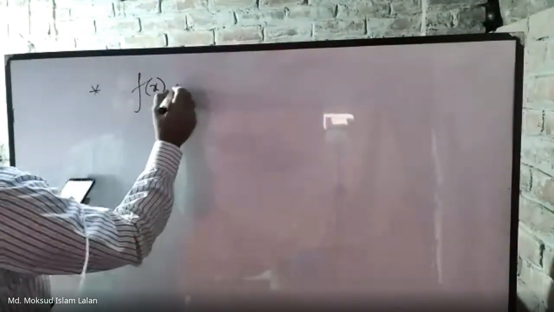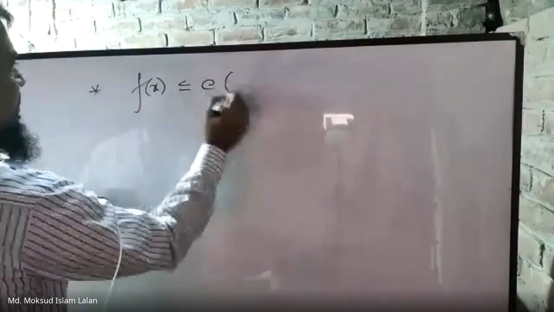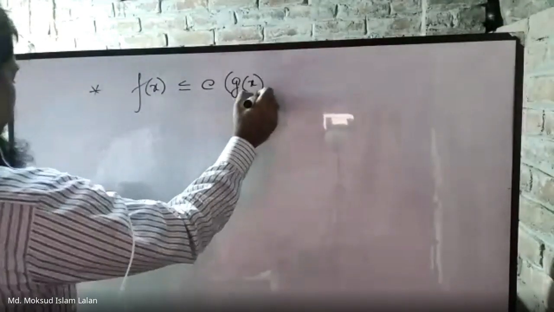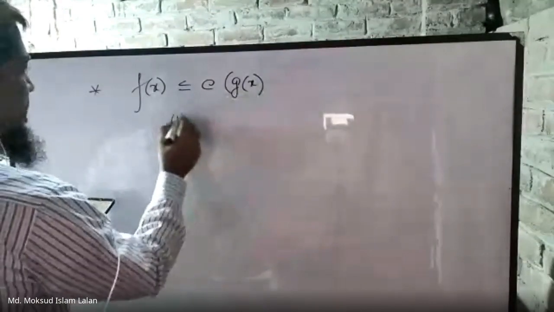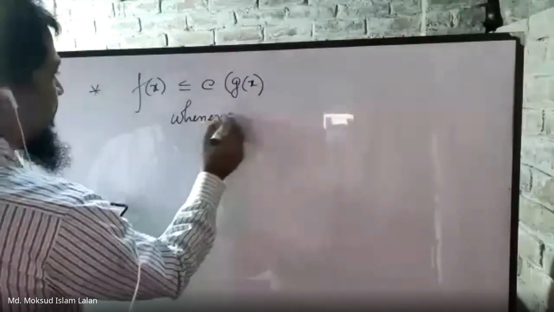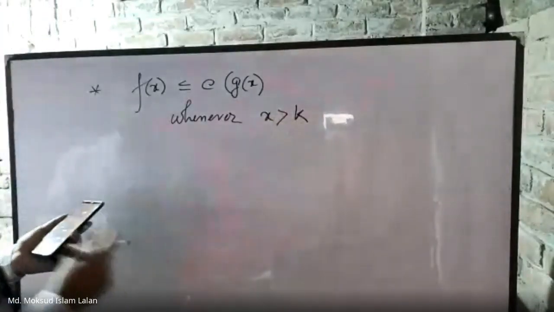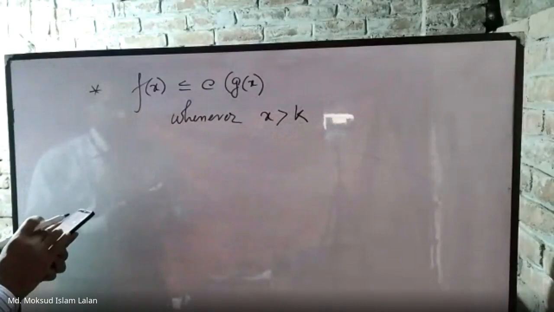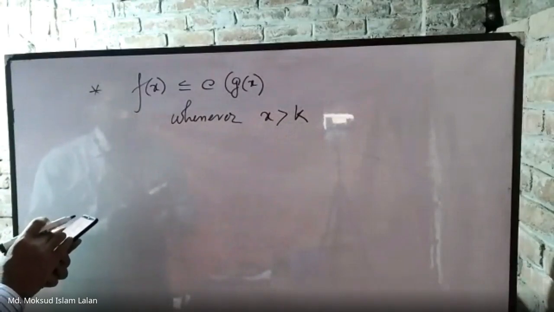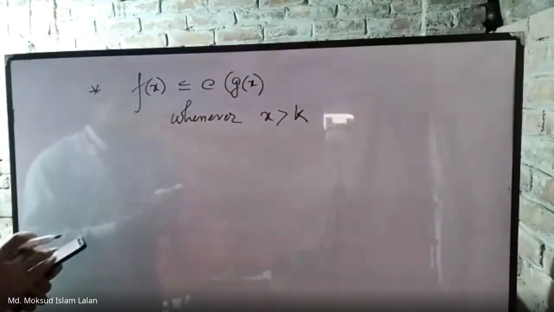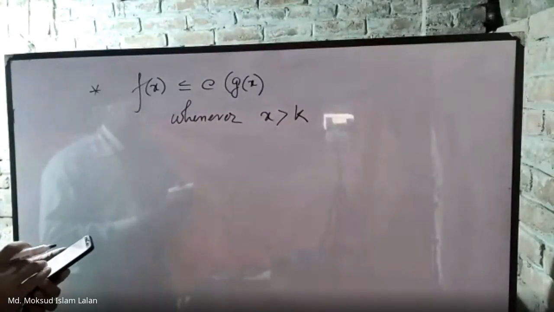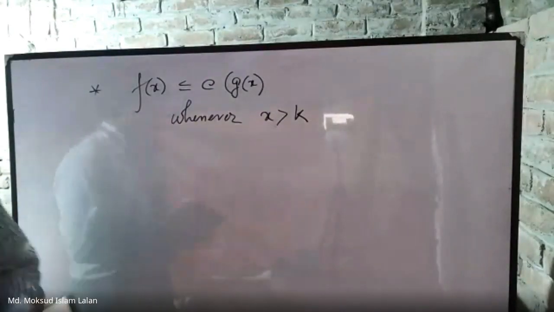I have already explained this, but I'll just remind you: f of x is less than or equal to c times g of x, whenever x is greater than k.